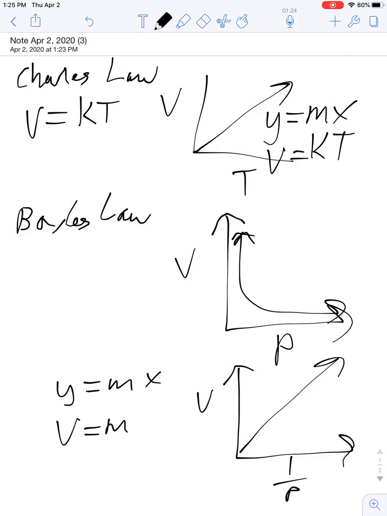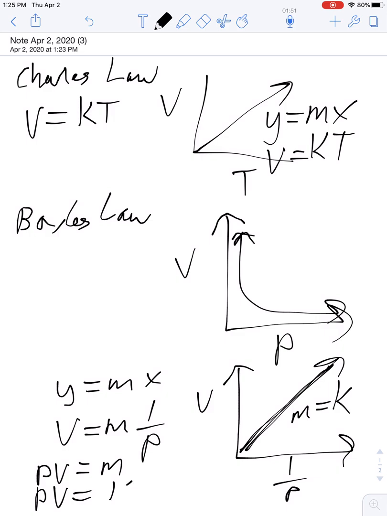So if I rearrange this equation, I would get this. m is the slope. Well, is the slope changing? Nope. The slope is a constant. But it's a different constant than from up here. So I'm going to put a little tally up there to show that that k is different from that k. Okay?